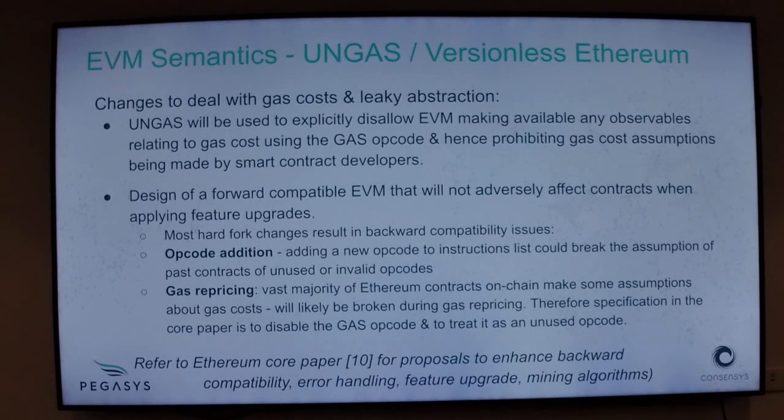Why is ungassing, not allowing people to know the gas price of things, important to stateless? Well, as I said, this guy said that this was not important, but I think it's the whole thing about backward and forward compatibility. One thing I didn't mention earlier is that with implementing stateless in Ethereum 1, we're working within an existing infrastructure, whereas with Ethereum 2 we've got kind of a blank slate.